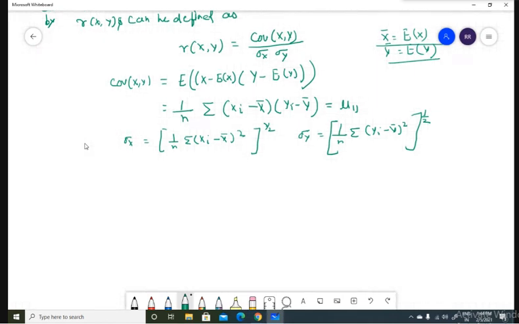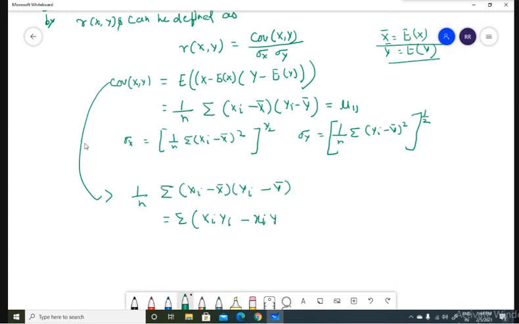Now this covariance can also be expressed as 1 by n summation of xi minus x bar times yi minus y bar, and this can be further written as summation over xi yi minus xi y bar minus yi x bar plus x bar y bar, this whole divided by n.